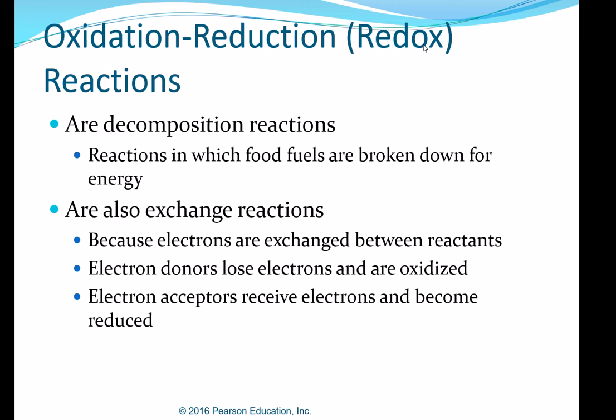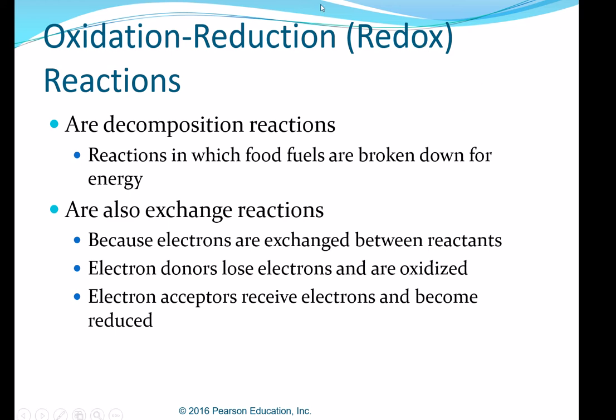Not only are they decomposition reactions, because stuff is falling apart, breaking down, but they're also exchange reactions because electrons are exchanged between the reactants. So not only are bonds broken so that the large food fuels can get broken down, the electrons themselves are actually hopping between these different reactants.